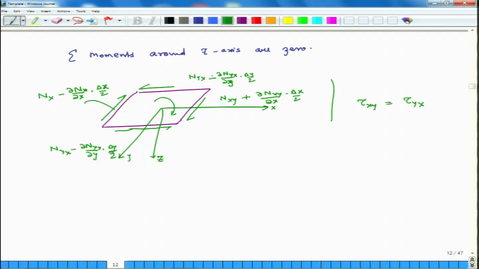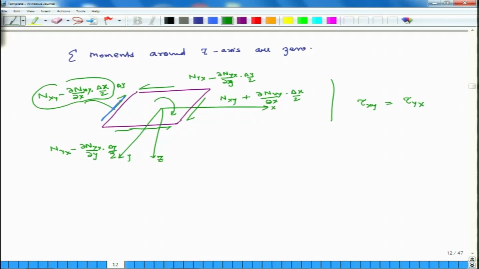So, if you do all this, basically what it tells us is, see, this component, so this is Nxy. If you multiply it by delta y, that will be the force, and then you multiply it by that distance.